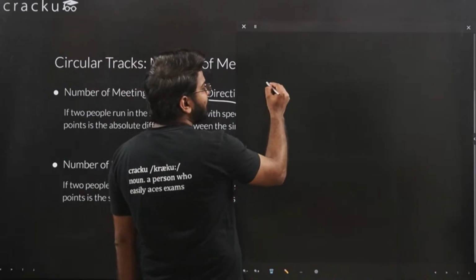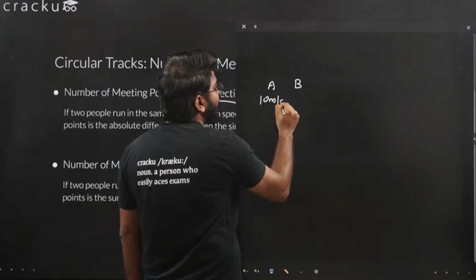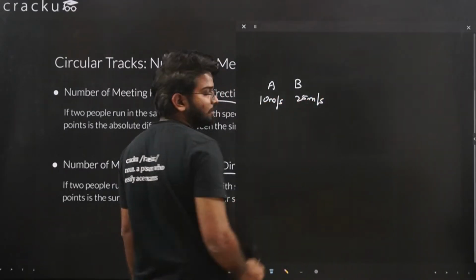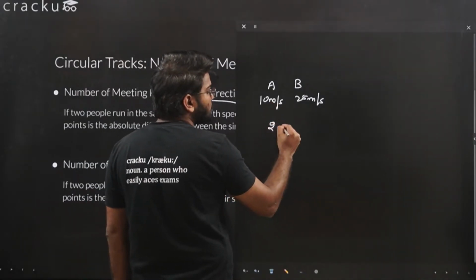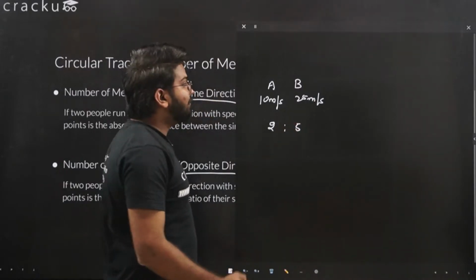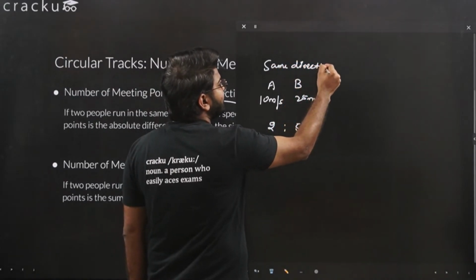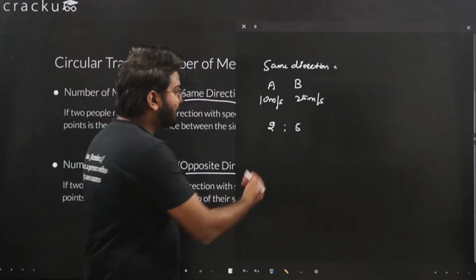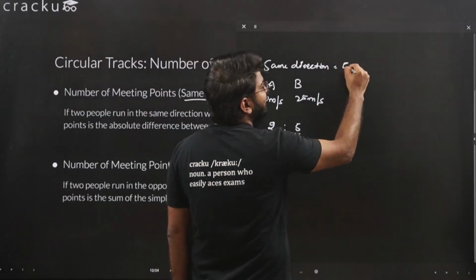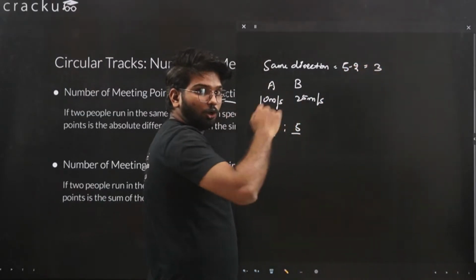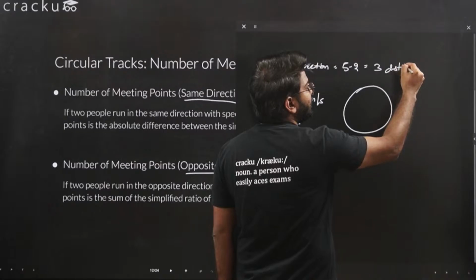Let's say the speeds for two persons A and B are 10 meters per second and 25 meters per second. What is the ratio of their speeds in the simplest form? It will be 2:5. And if they are moving in the same direction, then they will meet at the difference of their speeds at distinct points. The difference is 5 minus 2, which is 3. So on the whole track, if they move in the same direction, they will meet at 3 distinct points.